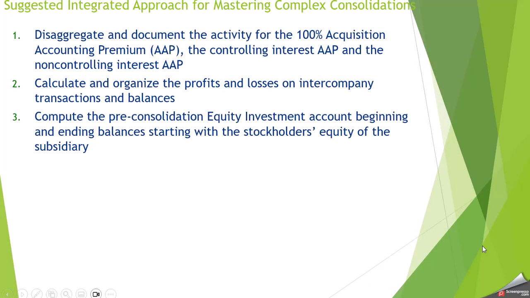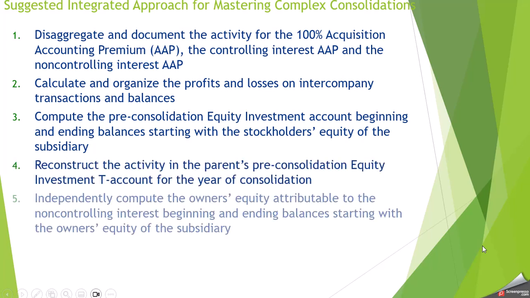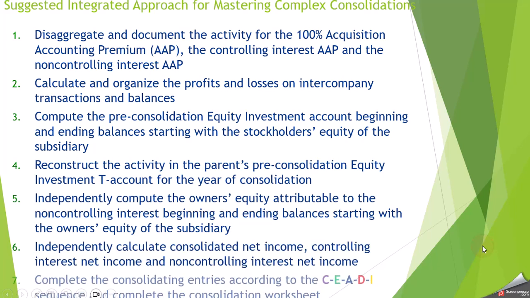So again, this gives you the steps. And there are certain steps that I always like to do. I like to understand what's in the equity income and what's in the equity investment, because those are two things that I know I have to eliminate.